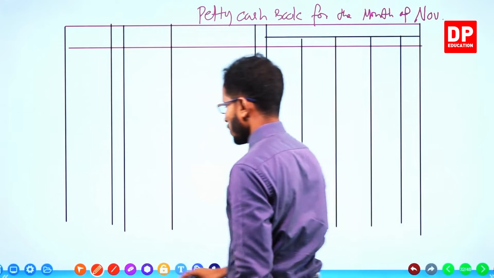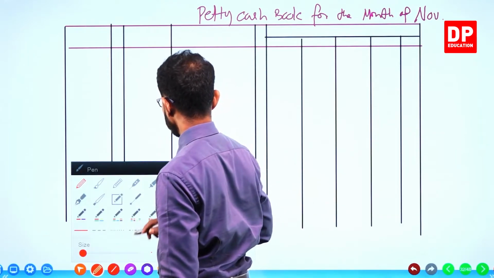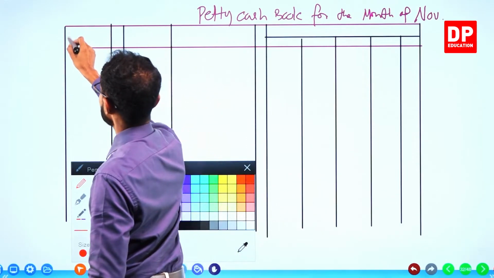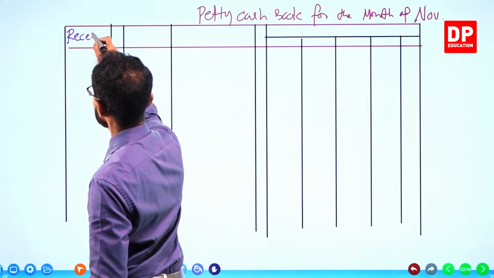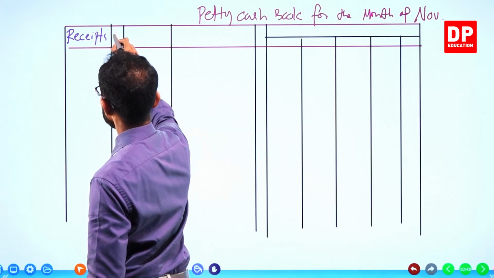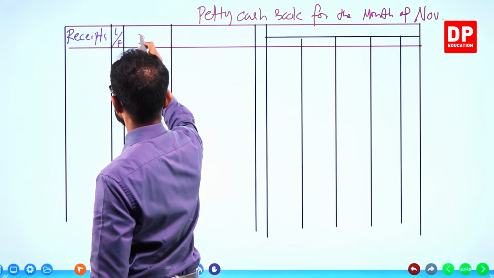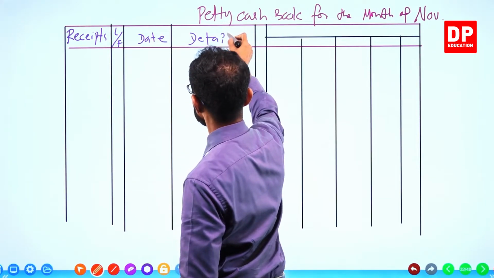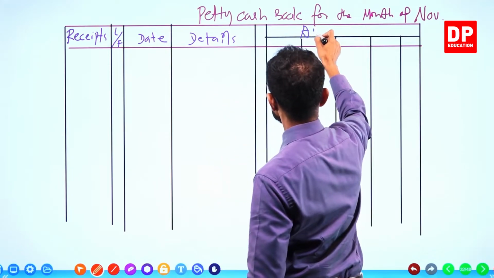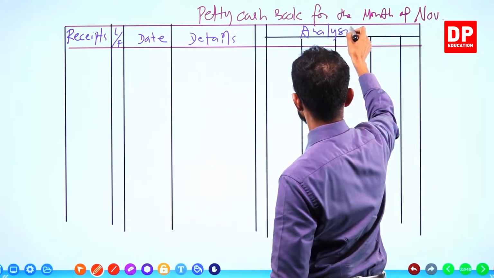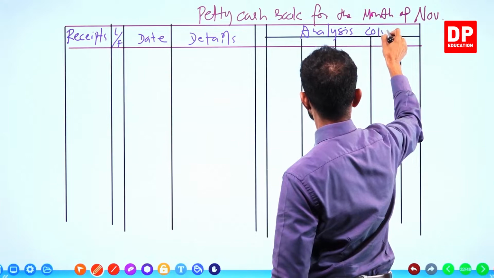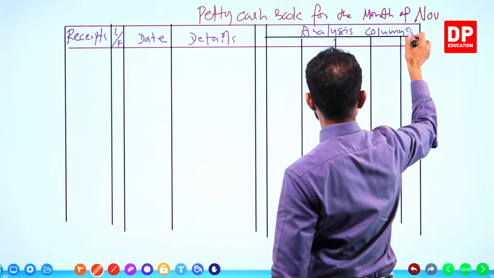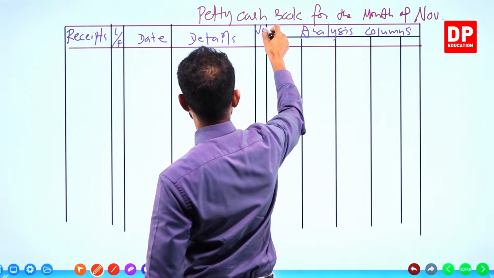Okay, let's put the headers. Receipts column, ledger folio, date column, details column, analysis columns, this is voucher number.